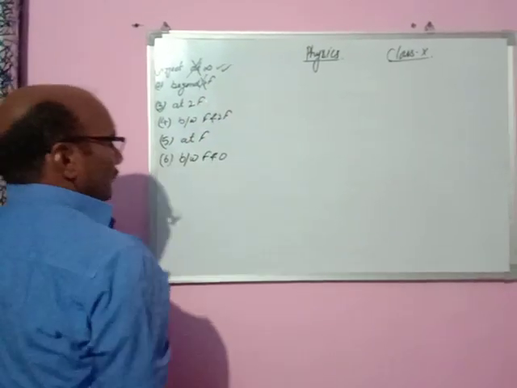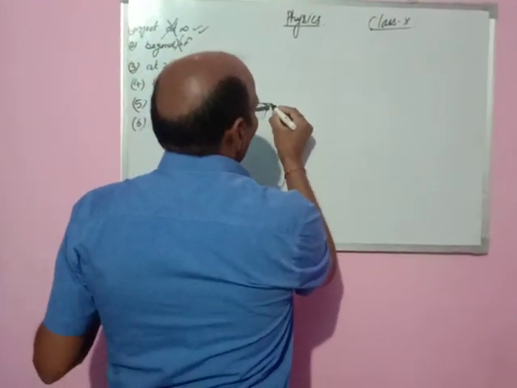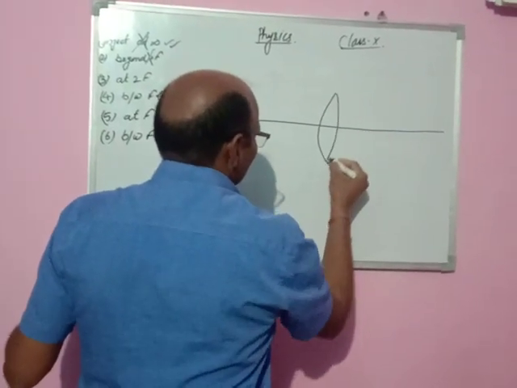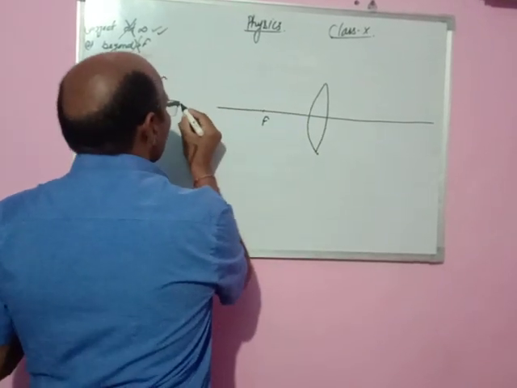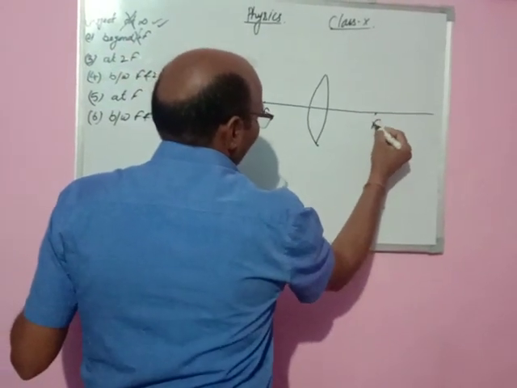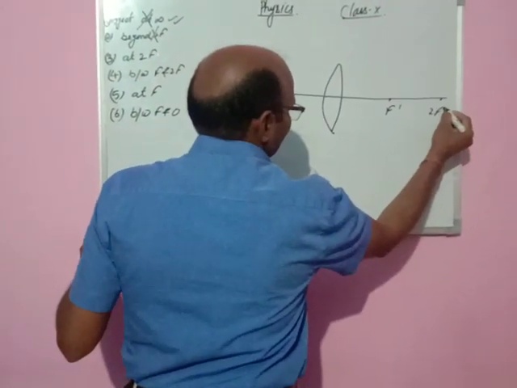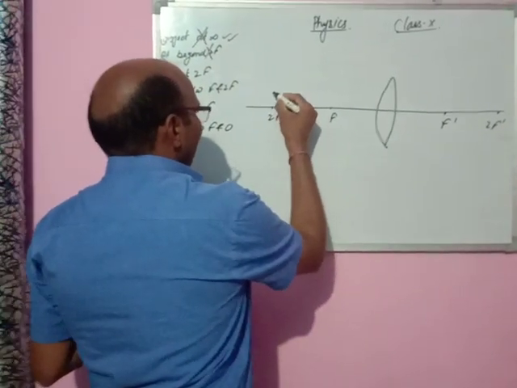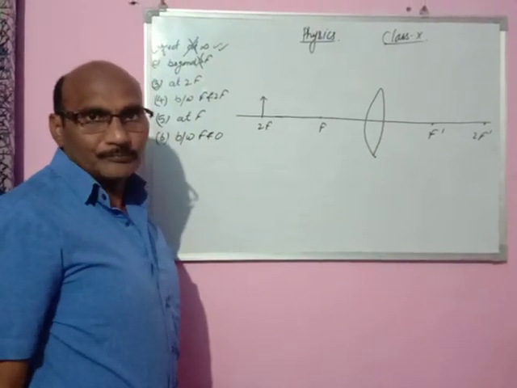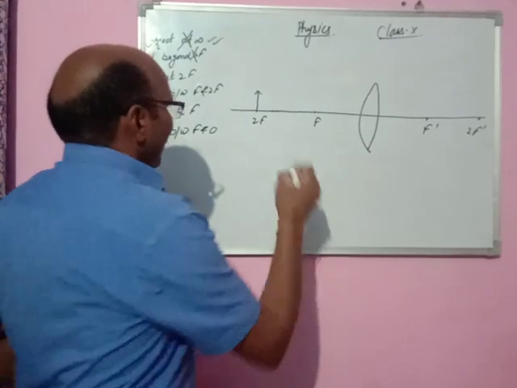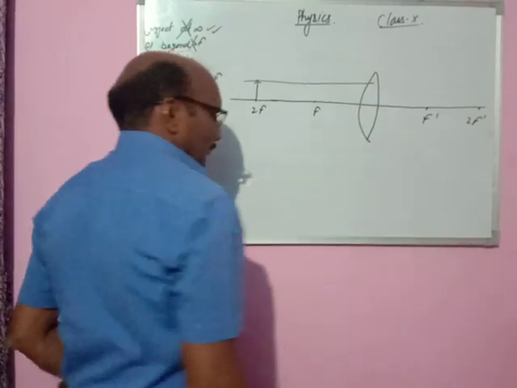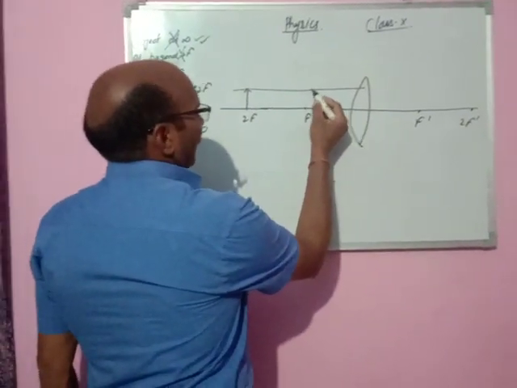Now let's come to the third condition. Again, this is the principal axis, this is the convex lens, this is F, this is 2F, this is F dash, and this is 2F dash. So the object is at 2F. Now again I will take one light ray which is coming parallel to the principal axis.